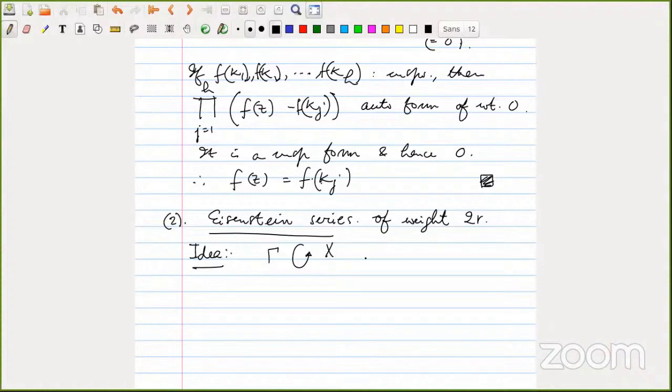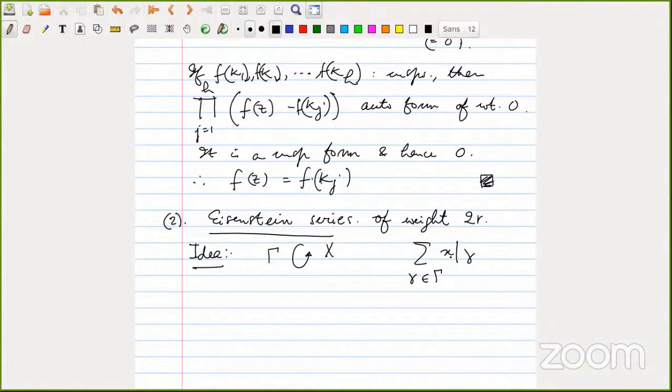What I want is to create a sum which is invariant when I apply gamma. So the idea is to look at one element x, and then apply gamma for all elements inside gamma.